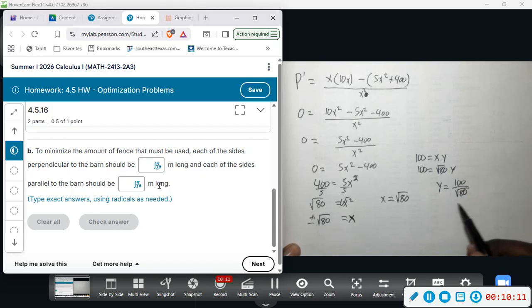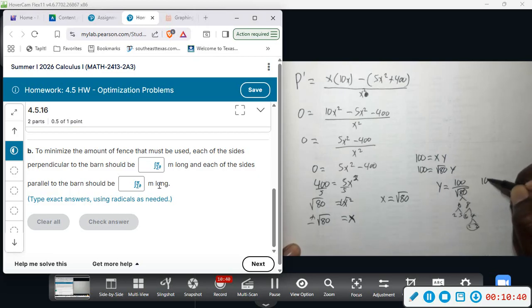We can probably break this down. We can say 10 times 8, and then 2 and 5, 2 and 4, a pair of 2's, another pair of 2's. So that's a 4 we can bring out, leaving a square root of 5.